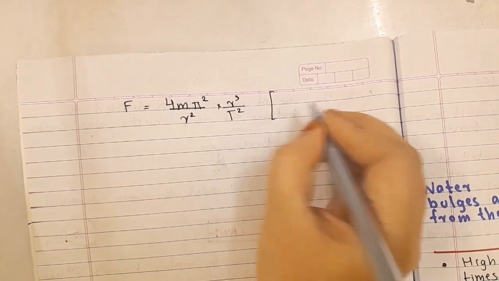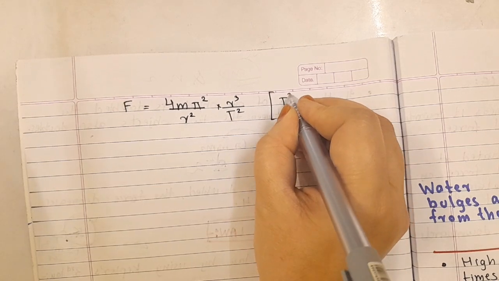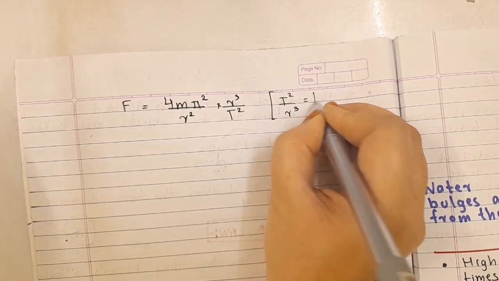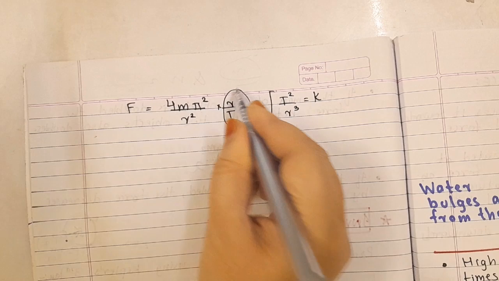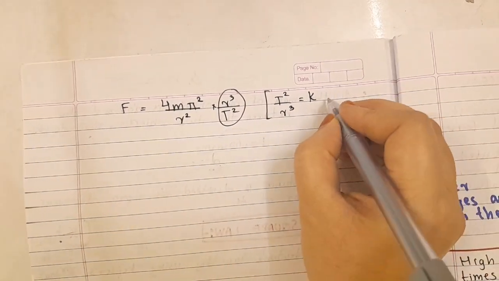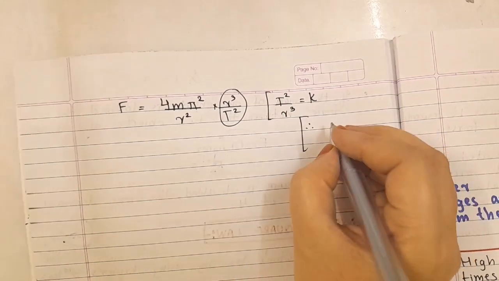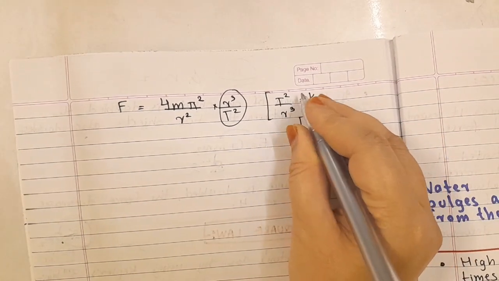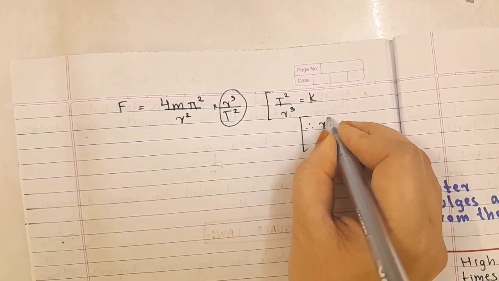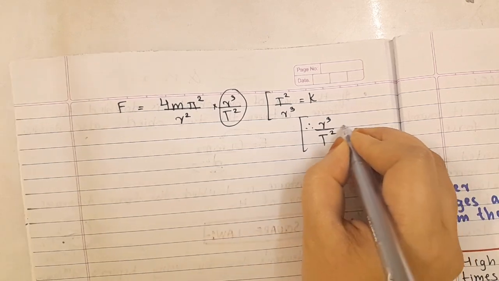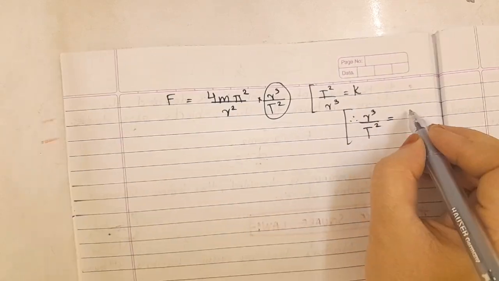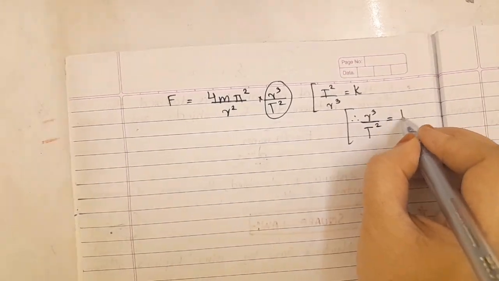Now we have Kepler's law as t square upon r cube is equal to k. But here we have r cube upon t square, right? So we can take the reciprocal of this equation. We will get r cube upon t square is equal to 1 upon k.